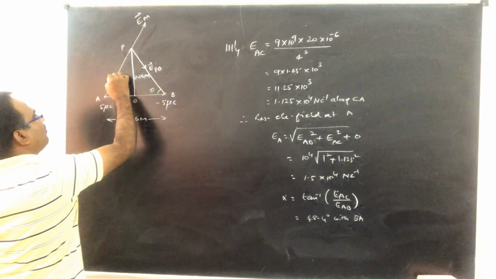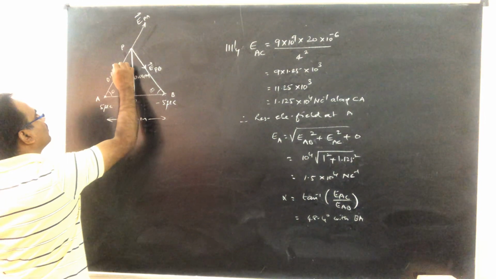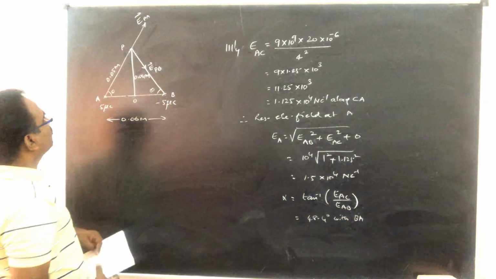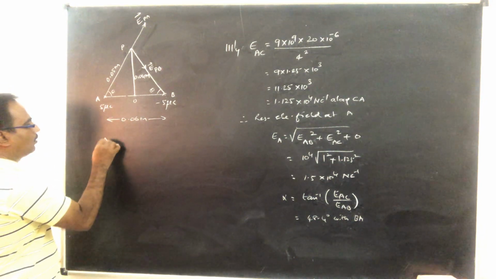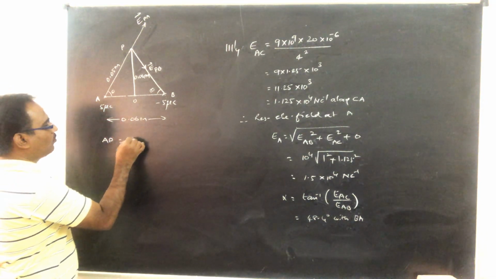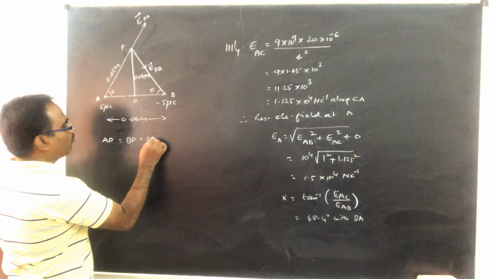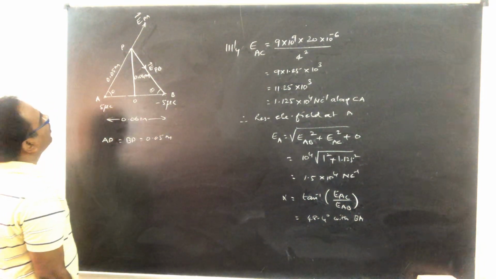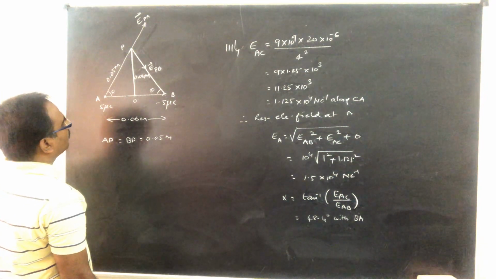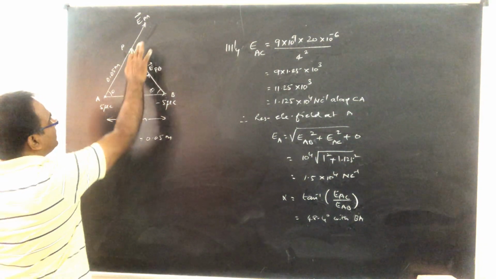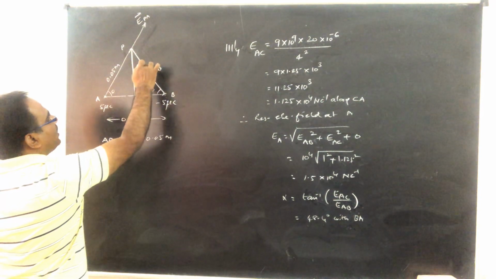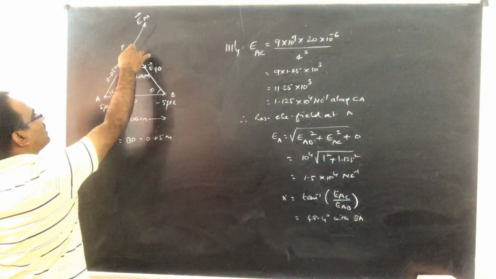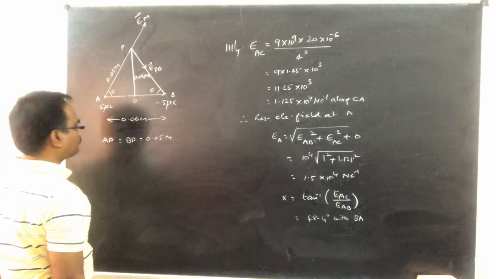Therefore, this distance AP will become 0.05 meter because it forms a Pythagorean triplet. So AP is equal to BP, which is equal to 0.05 meter. Now you find this EPA, you find EPB, and later you find out the resultant field by knowing this angle.